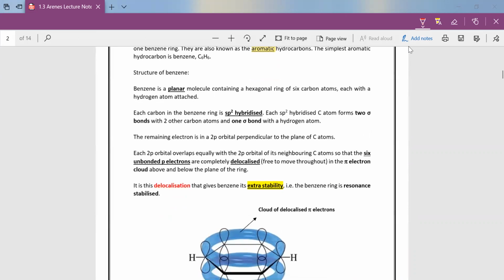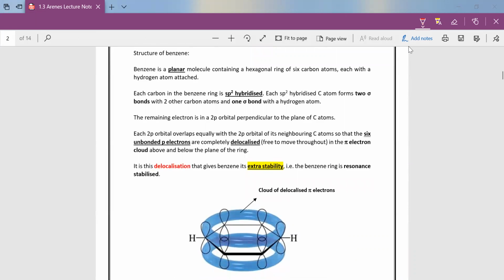It is a planar structure, as you can see here. It has a hexagon shape, with a ring of electrons above and below it, as shown here. Each carbon is sp2 hybridized.